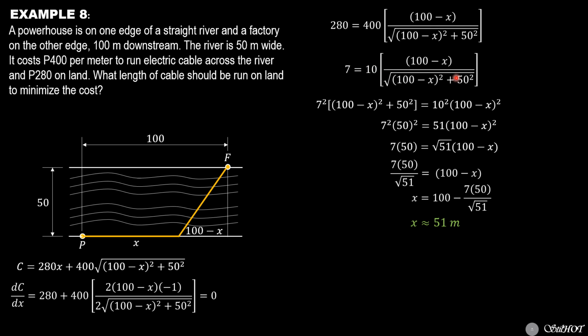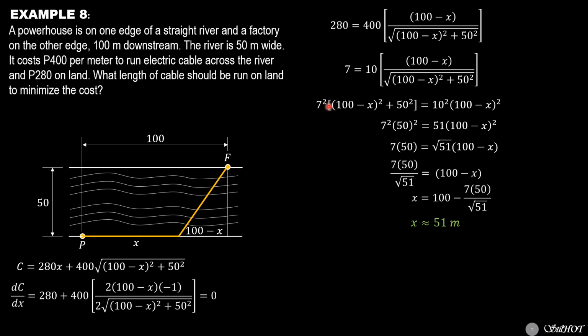Then square both sides, cross multiply. 7 squared times quantity 100 minus X squared plus 50 squared equals 10 squared times quantity 100 minus X squared. So we distribute 7 squared times 50 squared left here. Then this 7 squared times 100 minus X squared and 10 squared times 100 minus X squared are like terms.